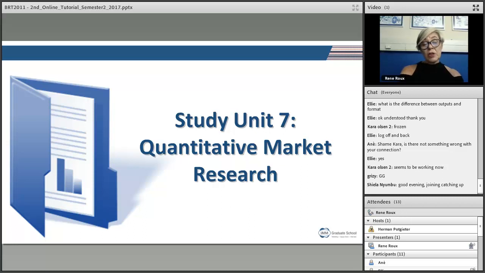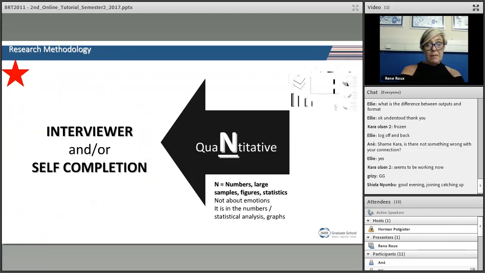Okay, so now we get to quantitative. This is now surveys. N stands for numbers. This is the best way you can ever remember what quantitative is. It is about samples. It's large numbers. You will analyze the data according to percentages, to stats. You will use graphs to explain it.